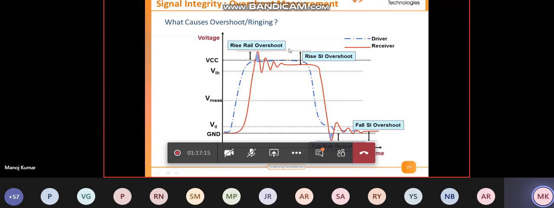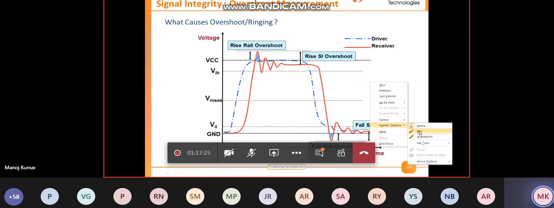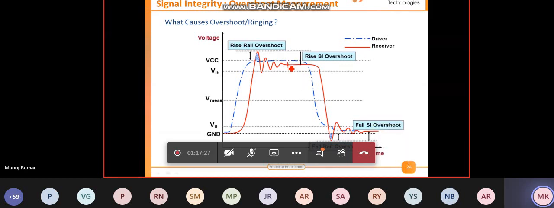Similarly, when you measure from the steady state condition to the maximum voltage it has risen to, that is known as signal integrity rise overshoot. Similarly, you have fall rail overshoot and fall SI overshoot.